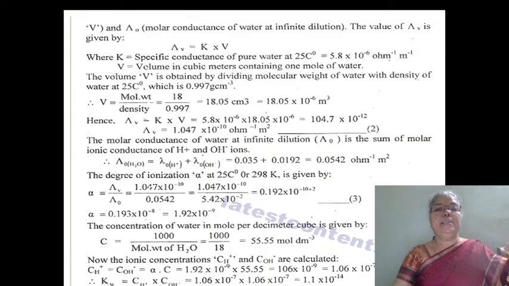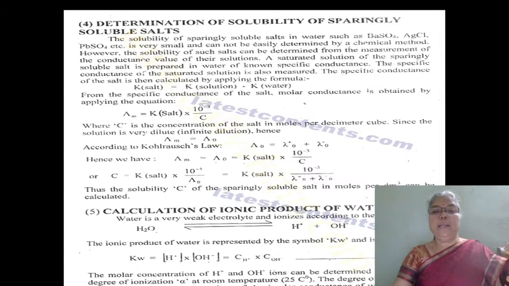Then the next application is in the determination of the ionic product of water. Kohlrausch law is used in the determination of the ionic product of water. You know, water has the formula H2O, and it ionizes into H plus plus OH minus, and in case of pure water the concentration of H plus ion is equal to the concentration of OH minus ion.